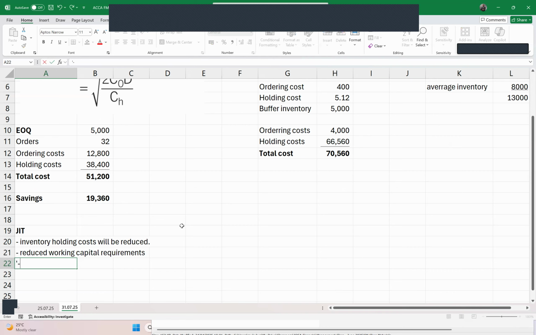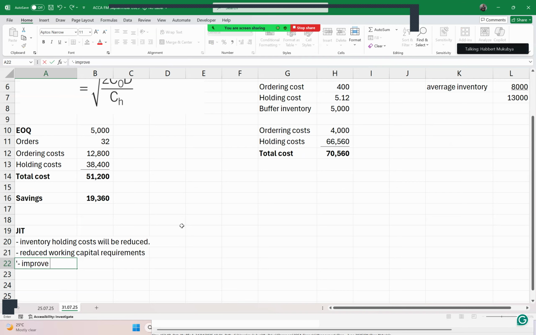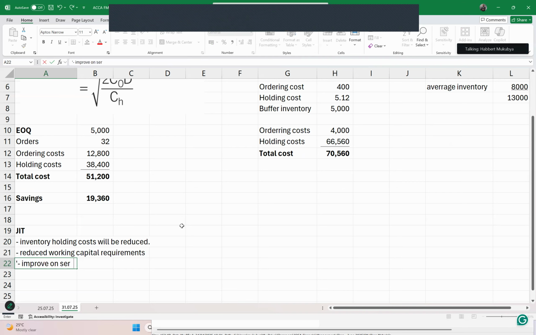But also, it can improve service delivery and productivity, because you are catering to the needs of the client when they come. Because you don't hold so much inventory, you have less costs.